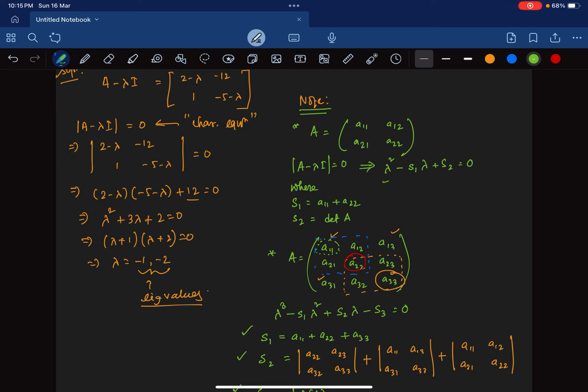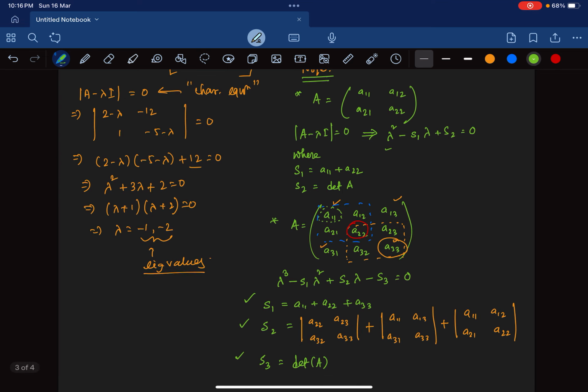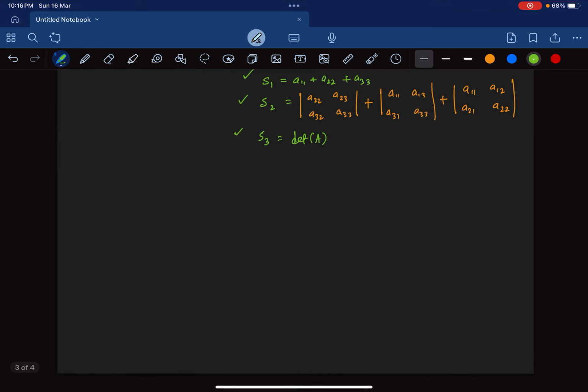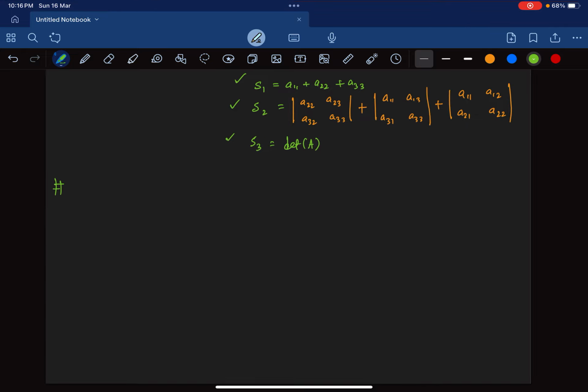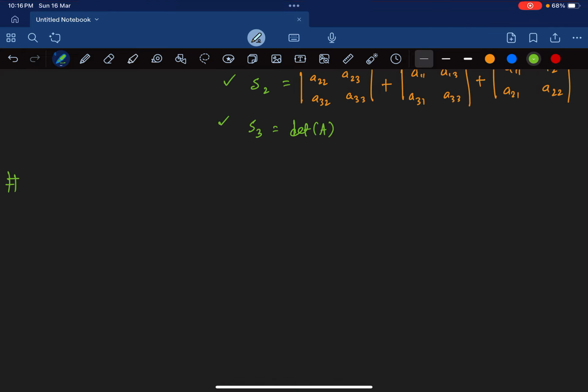Okay, now say, find characteristic equation of the matrix. Write down this question. Find characteristic equation of the matrix (0, -2, -2; -1, 1, 2; -1, -1, 2).